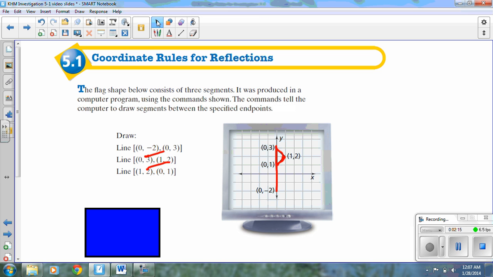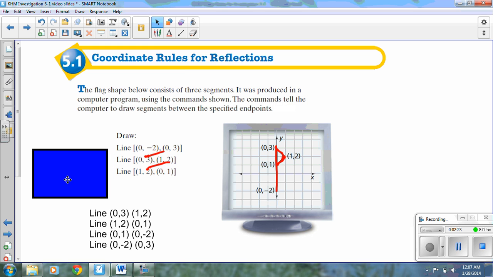Now, there are other possibilities to make this same shape. I'm going to give you another possibility. I'll use yellow. All right, so we are going to start at 0, 3 and make our first line to 1, 2.